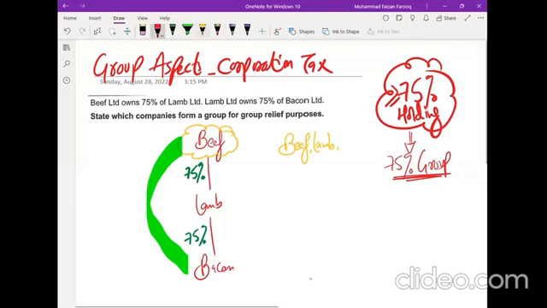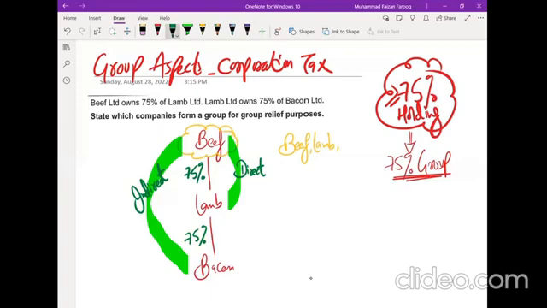See, this one, Beef in Lamb, is known as direct holding. You invested directly. But this one is known as indirect holding. Indirect means you own some other company and that company owns another. Like grandparents have kids and they have their own kids, but there is a relationship.